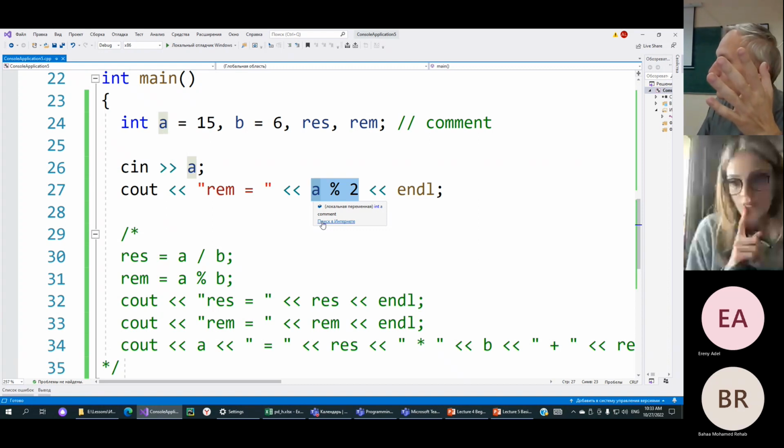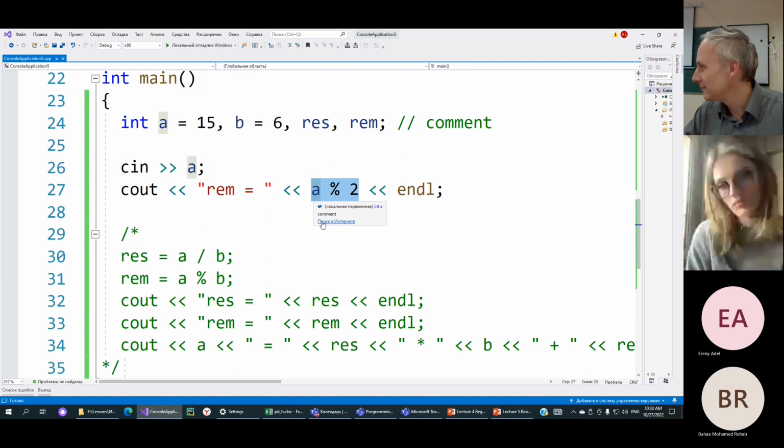Do you know odd and even numbers? Of course. What will be the remainder when the number is odd? And when the number is even? So 2 possible cases.